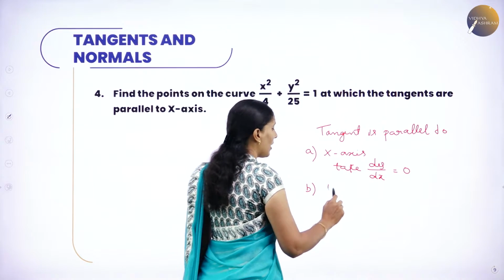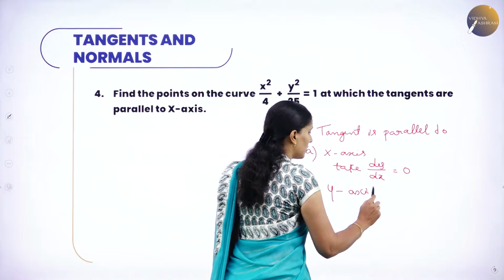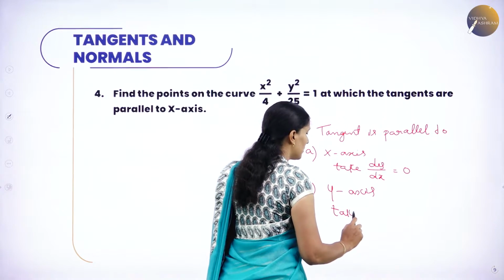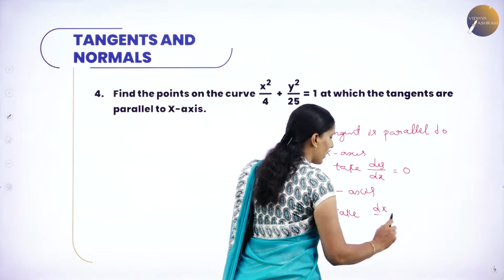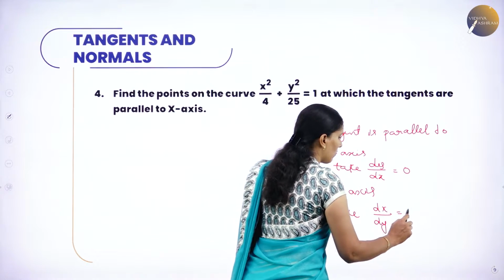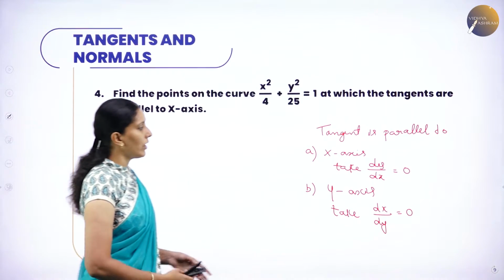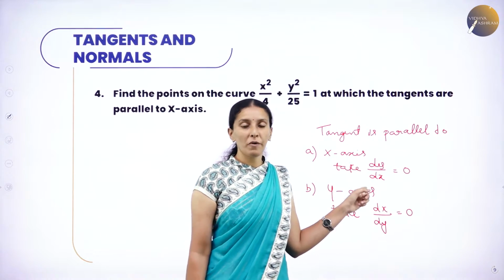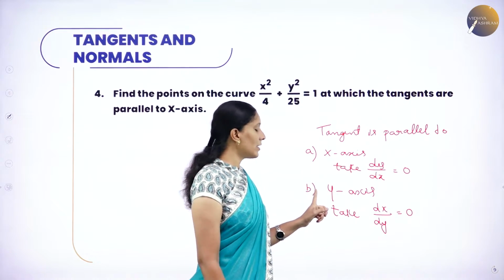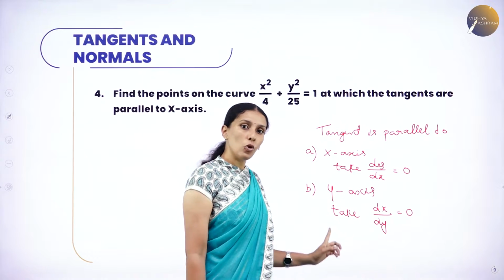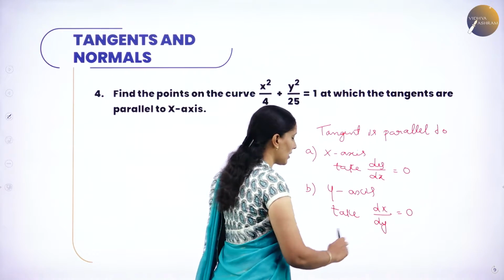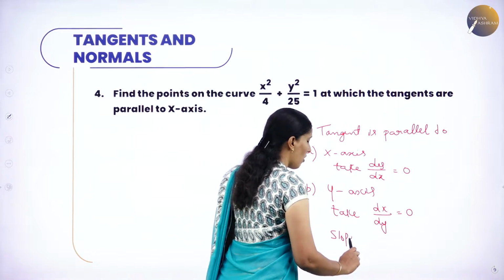B, when it is parallel to y-axis, take dx by dy is equal to 0. So take this as 0. That is, when it is parallel to x-axis, slope of tangent is 0. When it is parallel to y-axis, we can take slope of normal as 0. So this is nothing but slope of normal here.